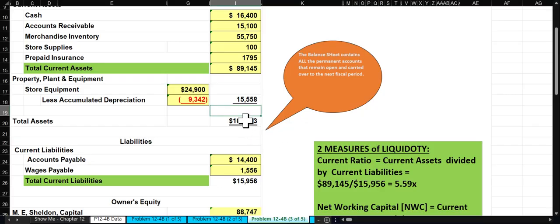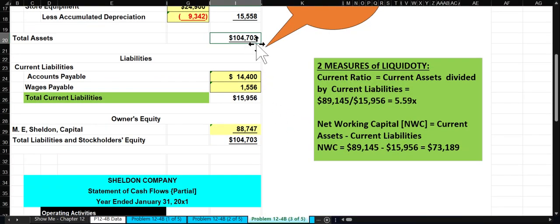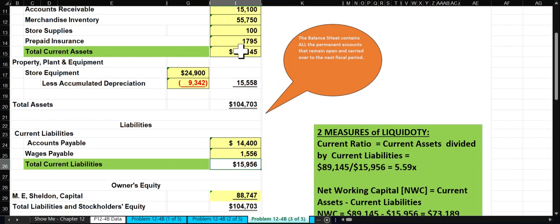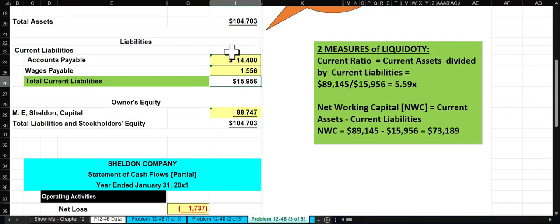Total assets we have here, and this should now be equal to total liabilities plus total equity. So we take the accounts payable, the wages payable. These are the only liabilities, so current liability. These are debts that are supposed to be paid from your current assets. In other words, these are obligations that are supposed to be paid within the next 12 months or operating cycle.